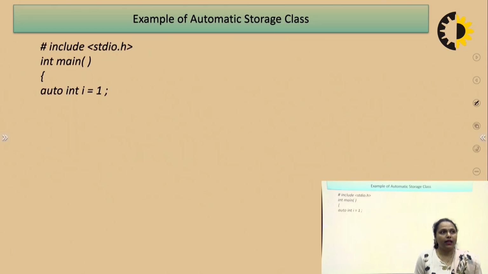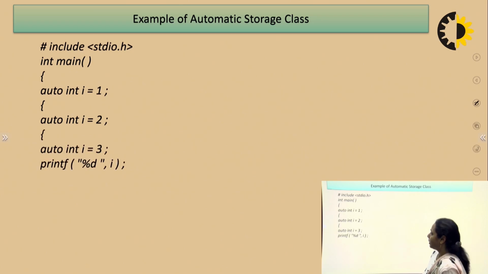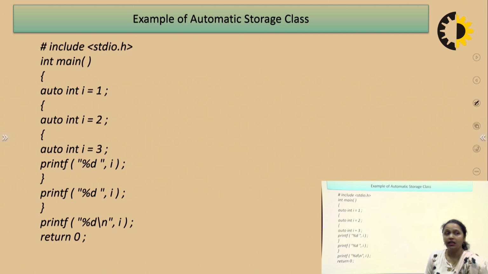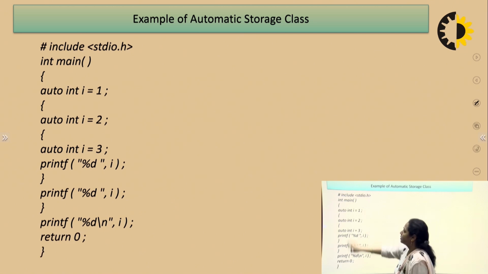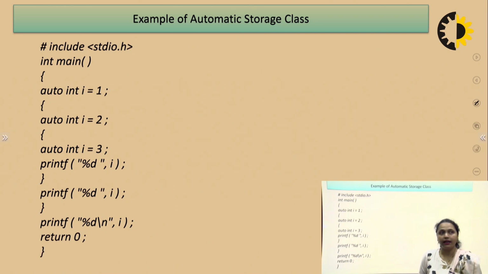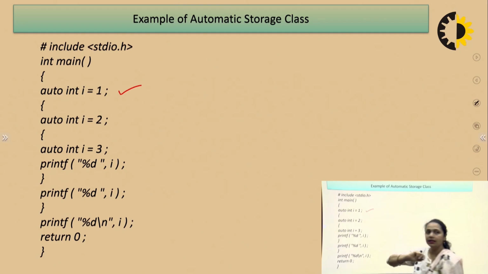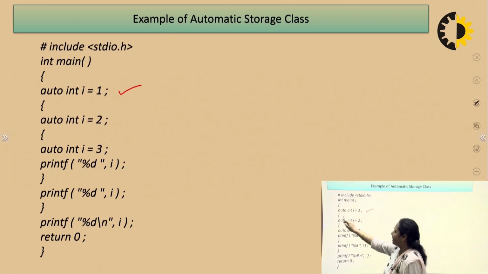Next example we can discuss is the life and scope of the variable in auto storage class. For example, a small code snippet is written here. In the first main block, the first statement is auto int i equal to 1, means i is initialized with 1.